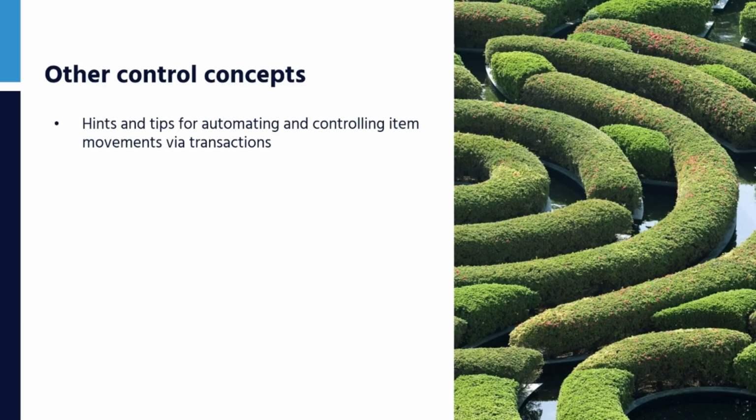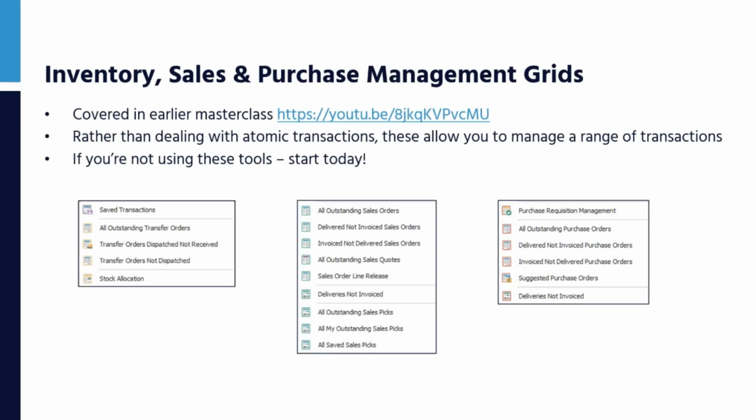Okie dokie, and we'll fly through this next section, just having a look at some other control concepts beyond just the stock ledger itself. And again, there's been another masterclass on this, the management grids, as we call them, for inventory sales and purchases. They are in other ledgers as well, but in the context of this webinar, these are the ones that make sense.